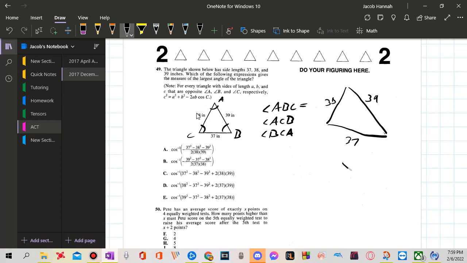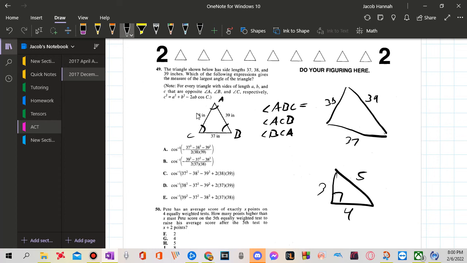Actually, let's do another example. Let's say this is 10, this is 6. If you know the relations between triangles, then you know that for the biggest angle, this is 90 degrees.